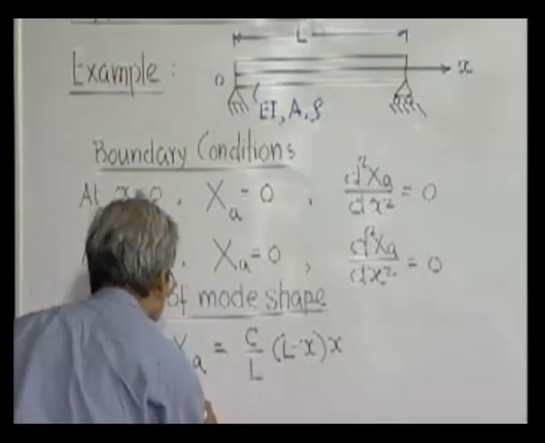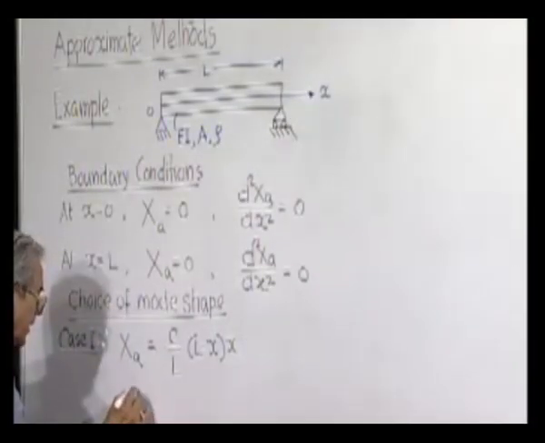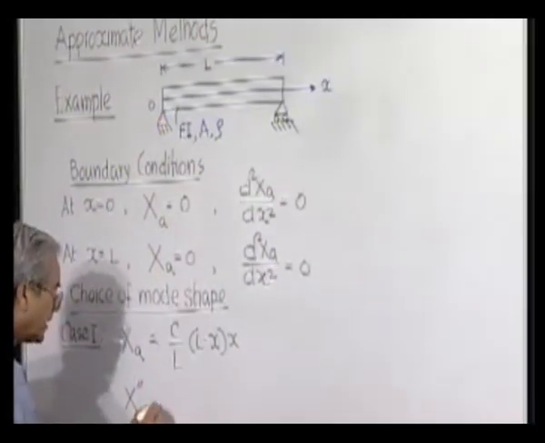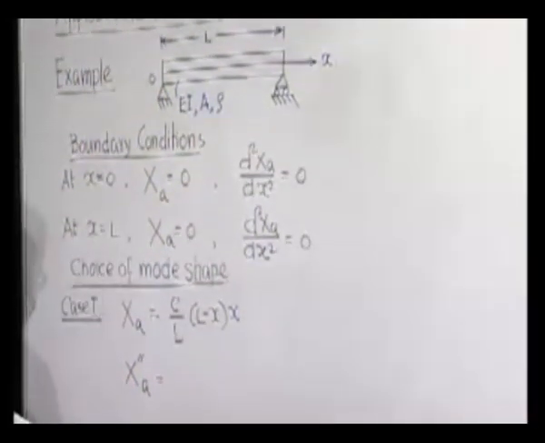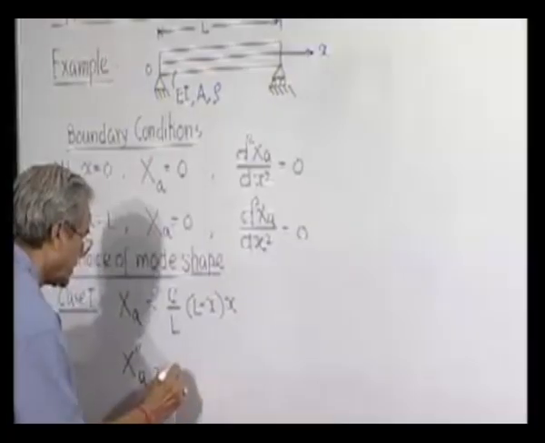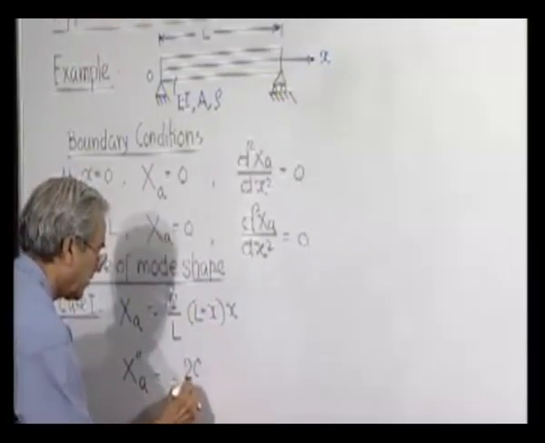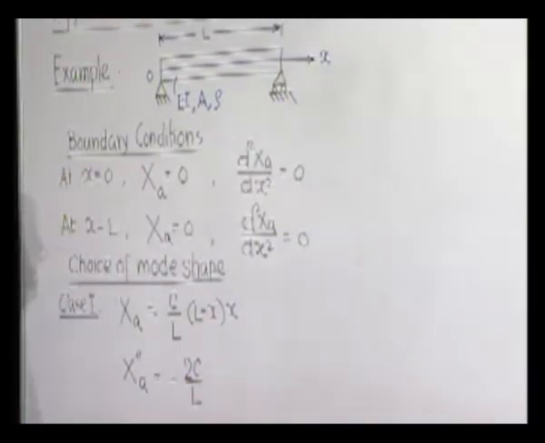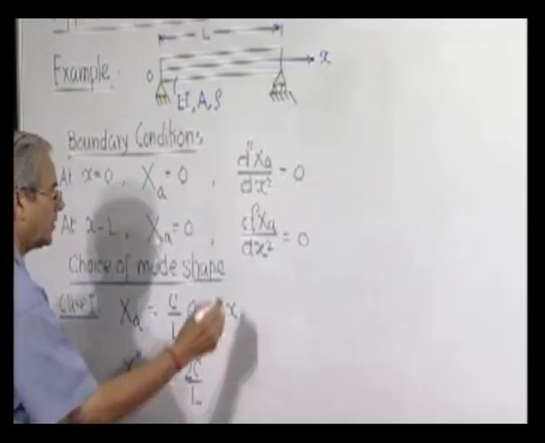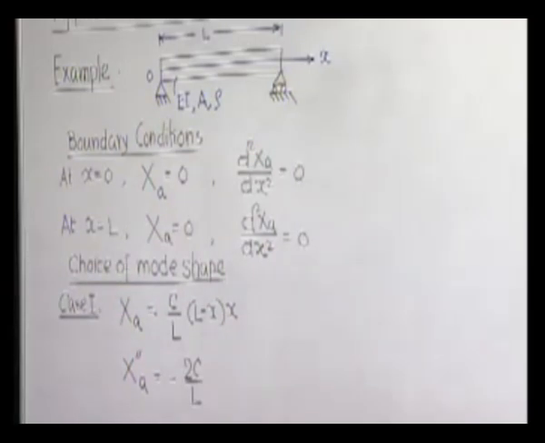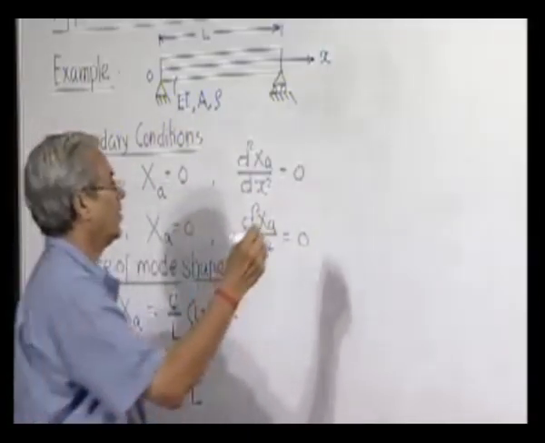Let us see how much d2X by dx square is. That is equal to minus this, if we differentiate it twice with respect to x. Which is not equal to 0, neither at x equal to 0 nor at x equal to L. So these two boundary conditions are not being satisfied.